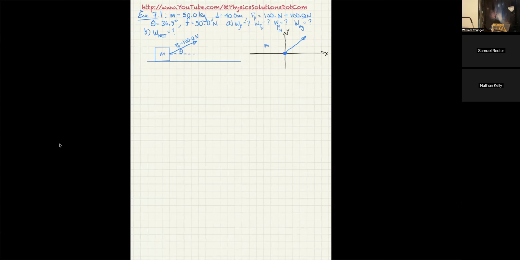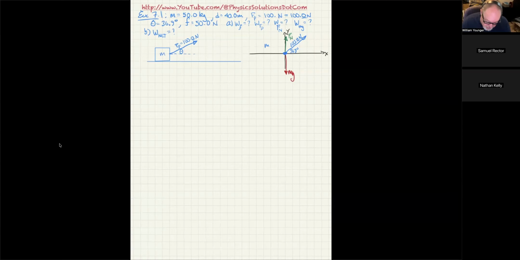Now, in addition to that, I have a normal force acting upward. I'll draw that green, and that's F normal. I have a weight acting downward, and that is mg. And of course, 50 times 9.8 is basically 490. Let me double check that.